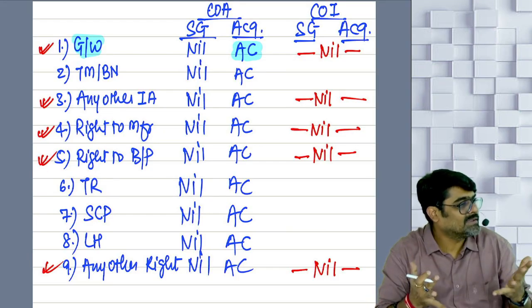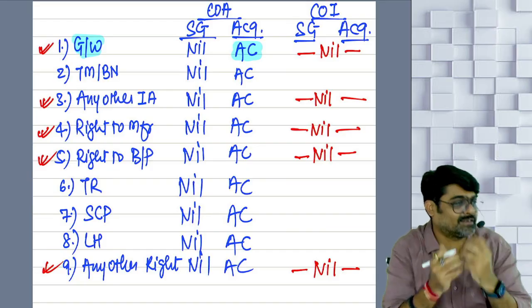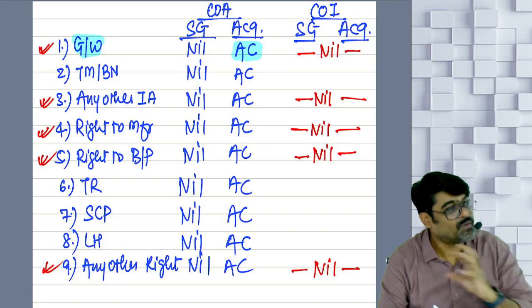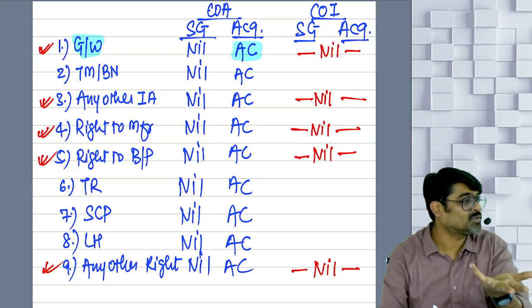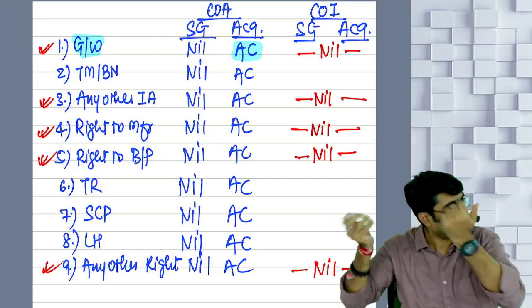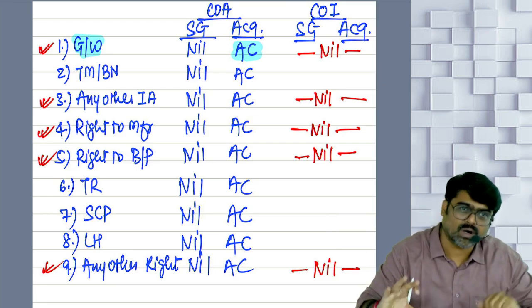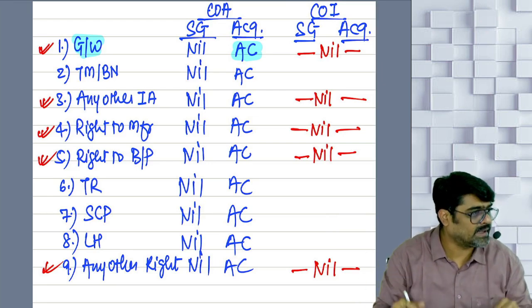But it is not mentioned about any other asset. So if for other assets the cost of improvement is incurred, on what basis? Actual basis. So you reduce actual cost of improvements, whether they are self-generated or acquired, it will not make any difference.